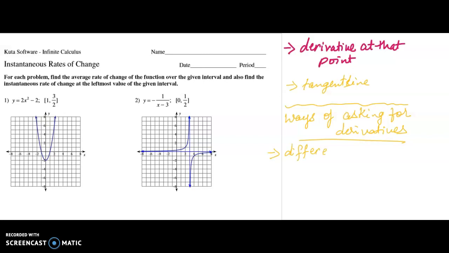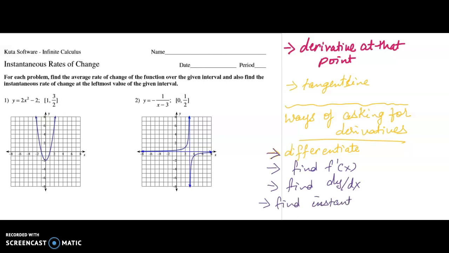When they say differentiate, that means they are asking for nothing but derivatives. Second way of asking, find f prime. Another way, they might say find dy/dx. Another way, find the instantaneous rate of change.